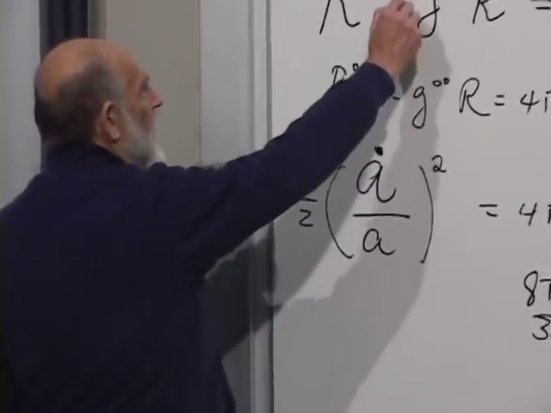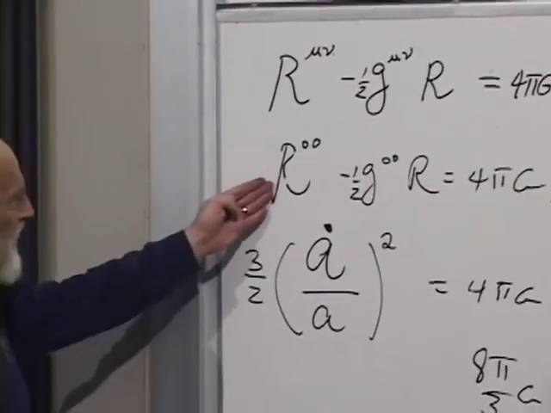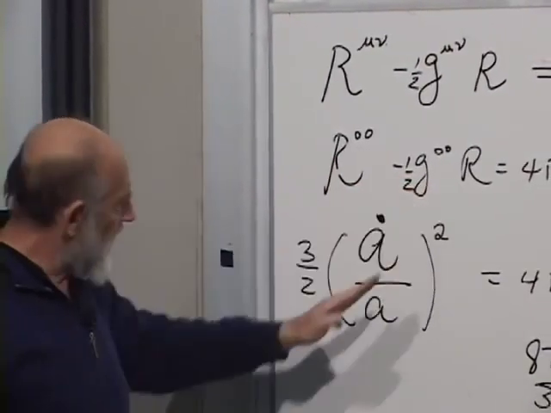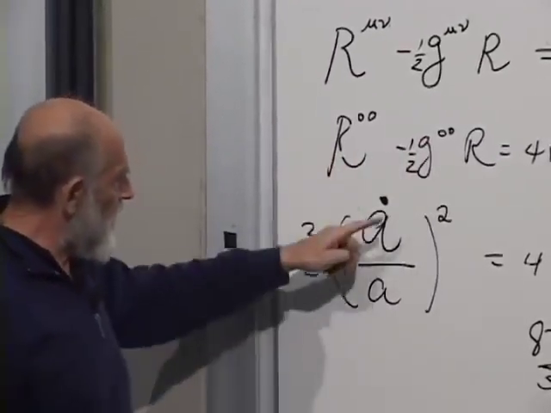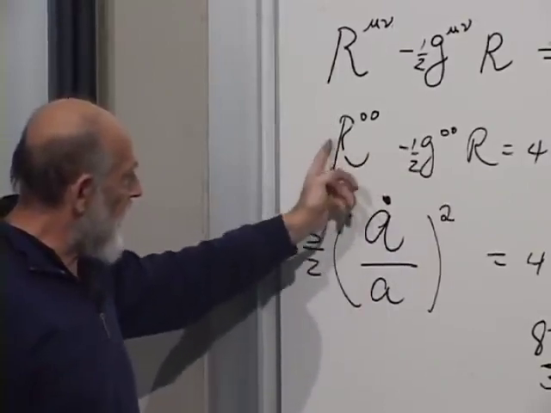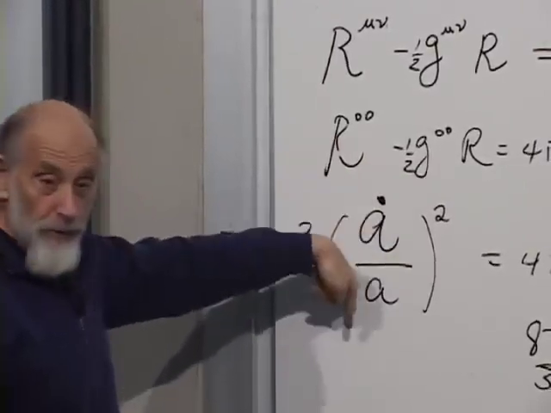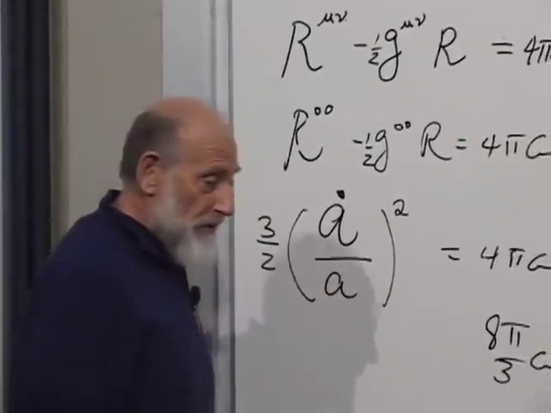I'm sorry. There's 1/2. There's always a half here. And somehow these two combine to give you the 3/2. The sign does work out in such a way that you don't get 1/2 A dot over A squared, but actually 3/2. Okay, so that's the flat space case.